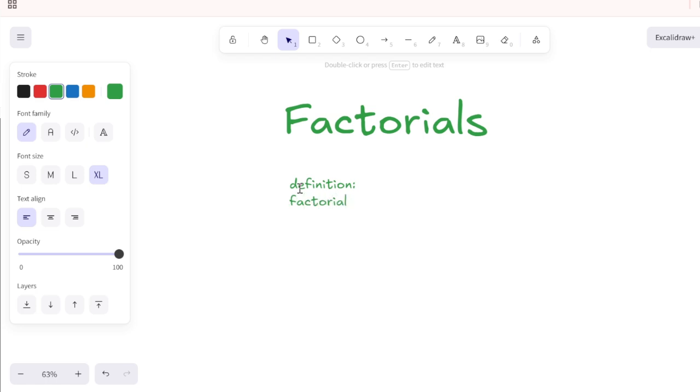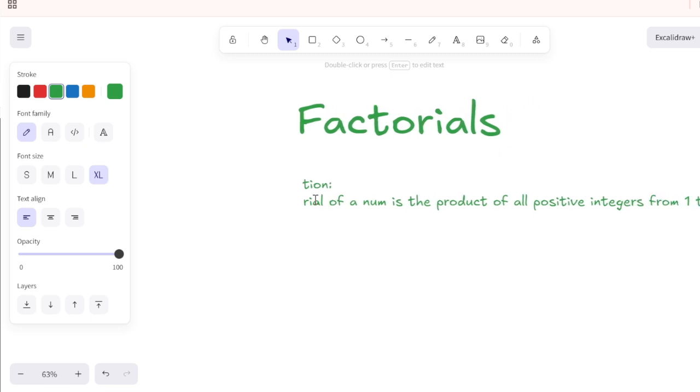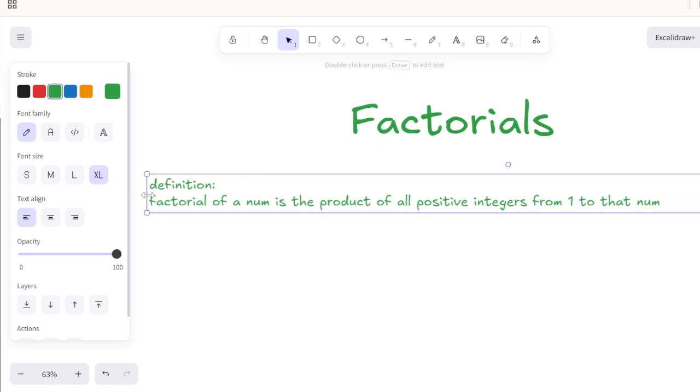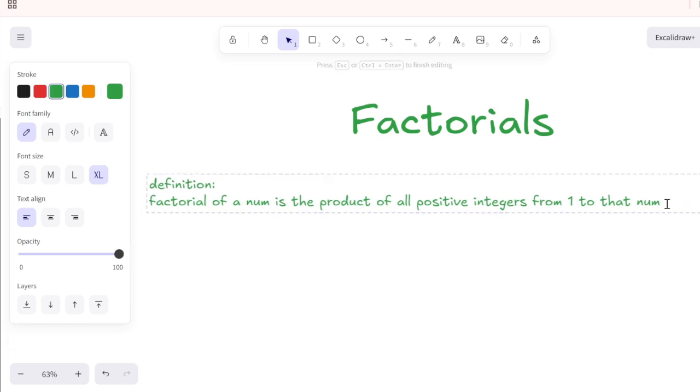Factorial of a number is the product of all positive integers from 1 to that number. Okay. This is the definition.